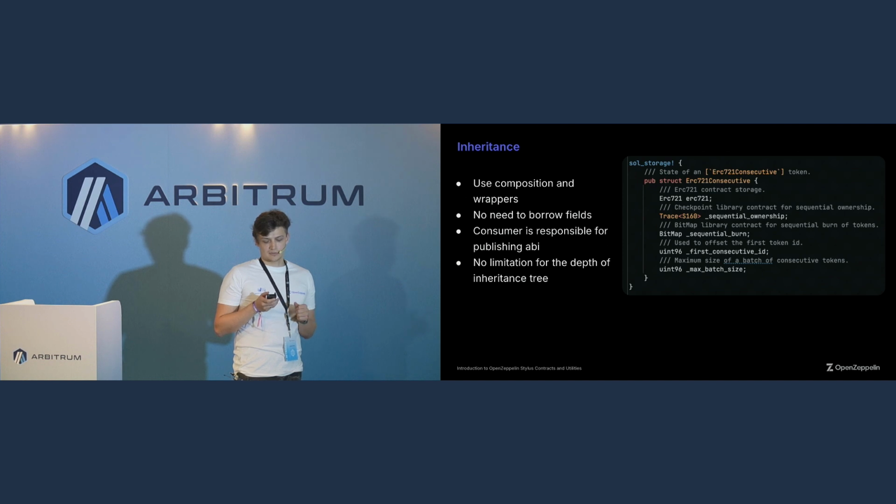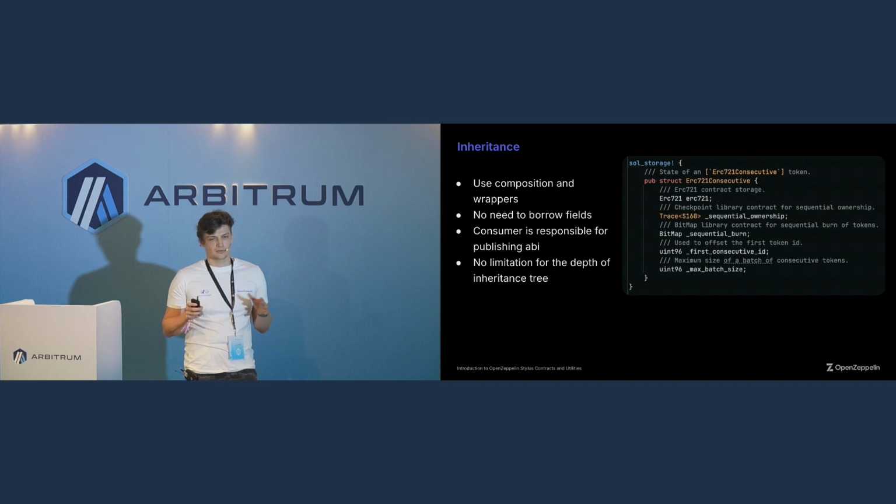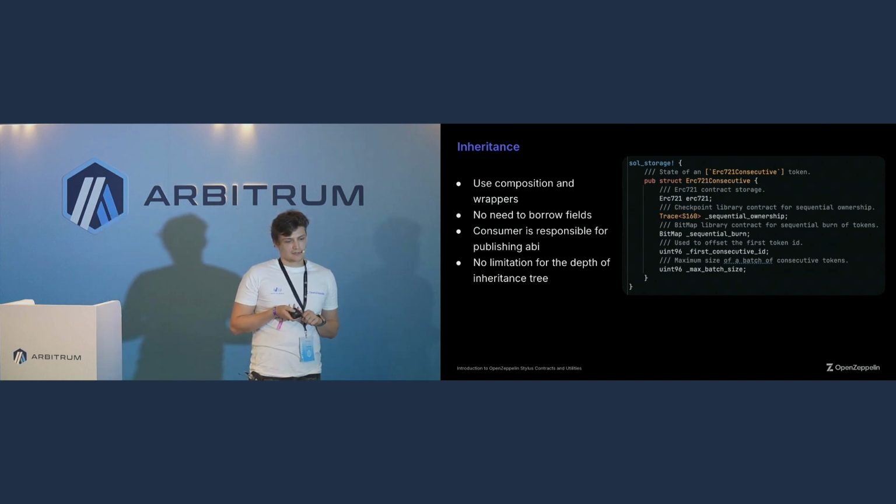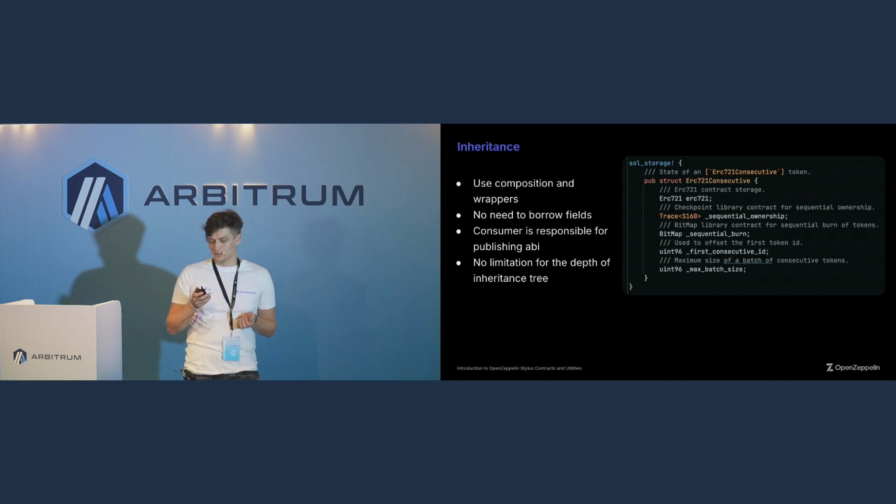So just put one contract in the other, and then let the library user expose those methods that he needs. And of course, in this scenario, it's not necessary to use borrow attributes because it's pointless. It's necessary for the inherit macro and there is no limitation for the inheritance tree.